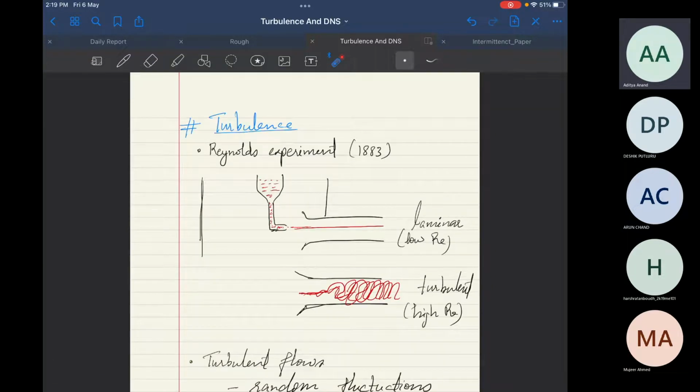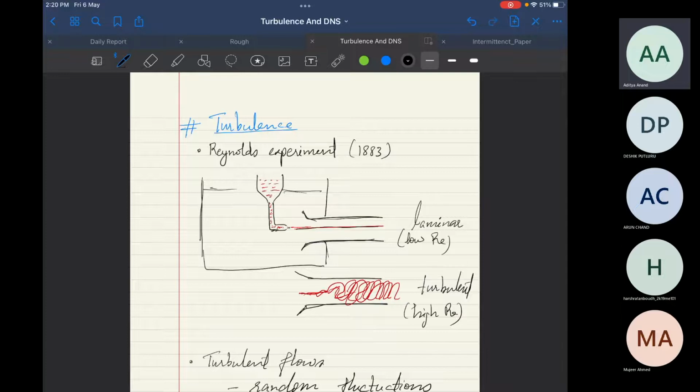So that was a brief recap of what the Navier-Stokes equation is. It's the basic dynamic equation for fluid flows. Now to remind you of what turbulence is. In 1883, Reynolds did an experiment in which he had a tank filled with some fluid, and there was an outlet to this tank, to which he injected some dye.